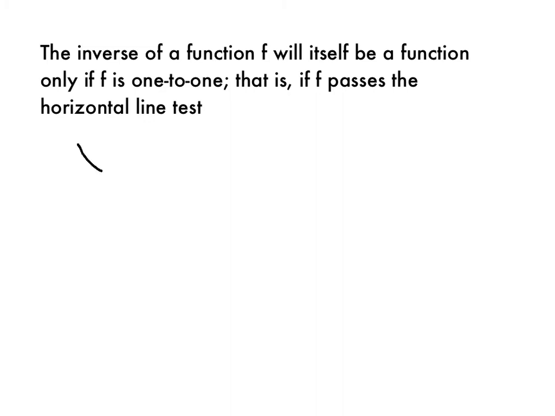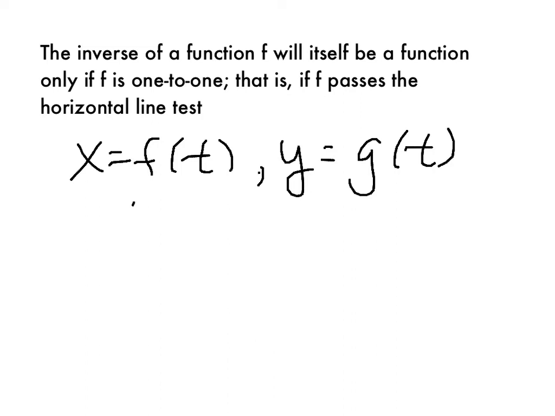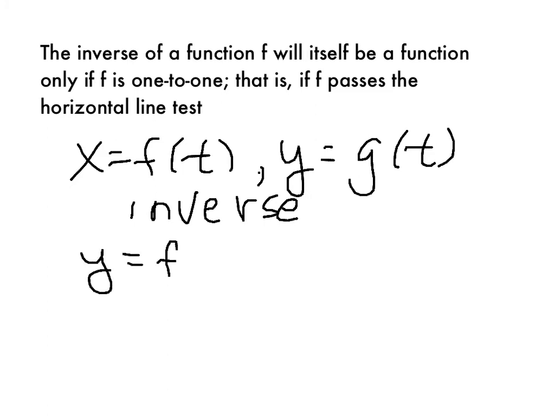For example, if x is equal to f of t and y is equal to g of t, then the inverse will be written as y equals f of t and x equals g of t, which is a pretty simple way to do it. This is also a very easy way to graph the inverse. If you're in parametric mode, just switch the values for x and y.